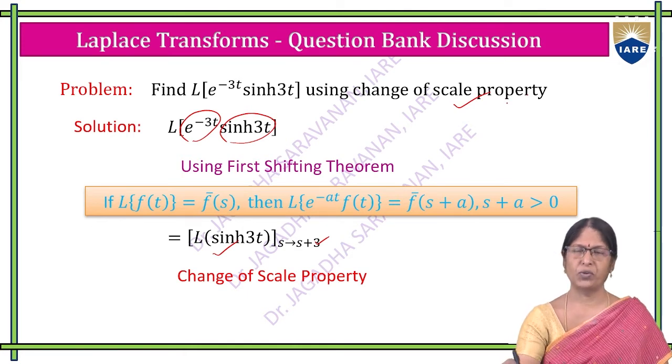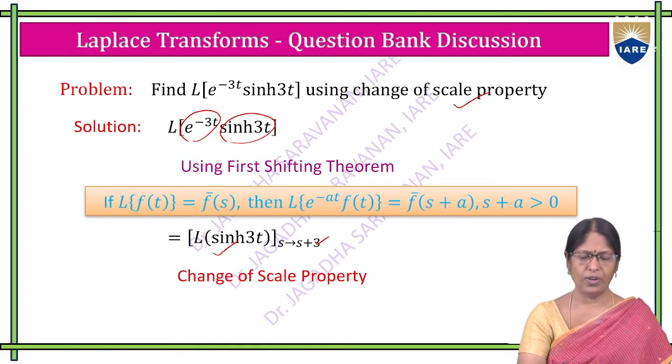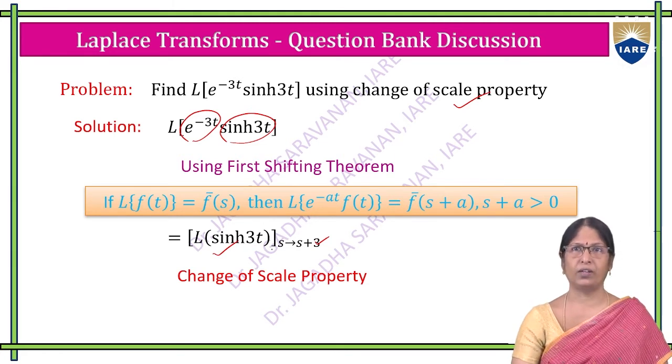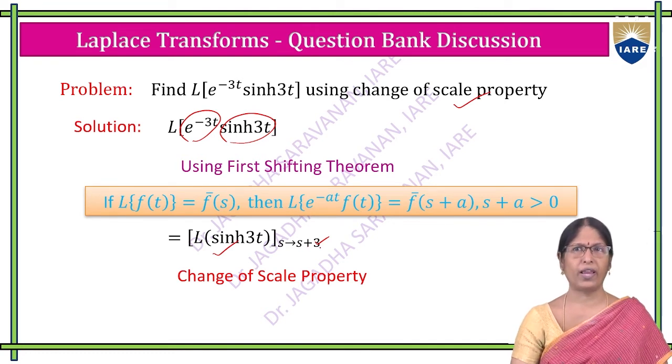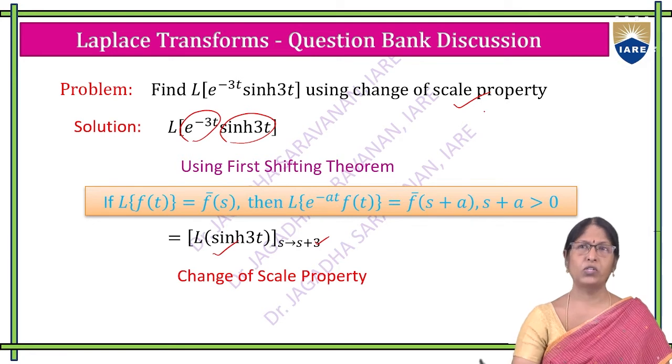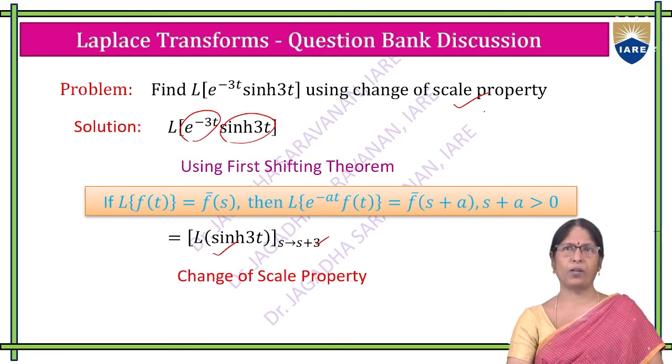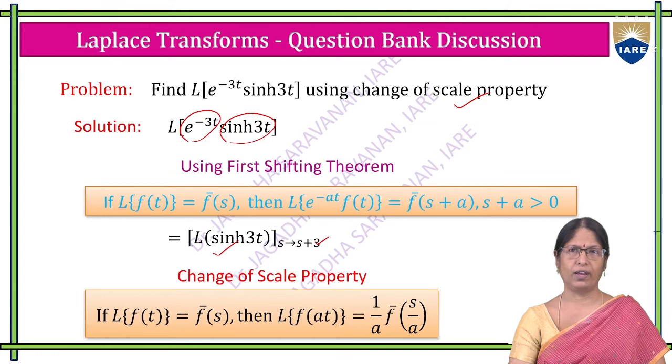Otherwise, if it is not mentioned, we know the sinh 3t formula, the result in which s can be replaced by s plus 3. That way also this problem can be done for the solution. Now, if it is told change of scale property, we are using that one.